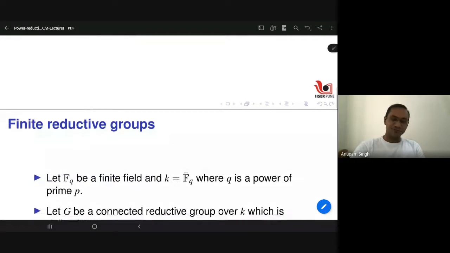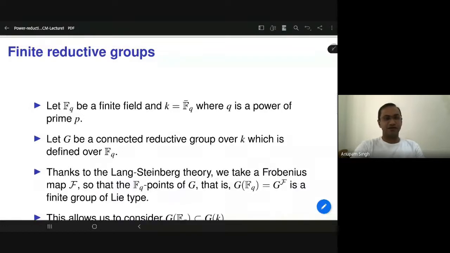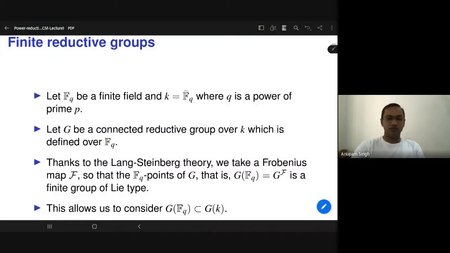Okay, so we have already seen what finite reductive groups mean, but I will just quickly recall, for one reason, that I want to set notations, and another is that it's good to revise.